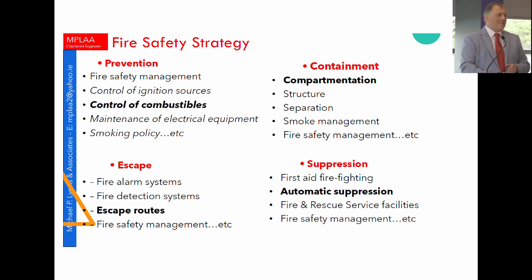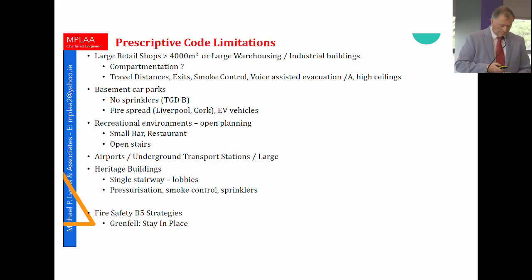Now, TGD B relies on sprinkler systems, but there are other systems out there as well, including water mist and gas suppression and other forms of fire suppression. Typically in performance-based design, there will also be a big emphasis on the nature of the facilities for the fire brigade to intervene. And you won't be bound by the same limits that TGD B might set for heights or depth or distances.